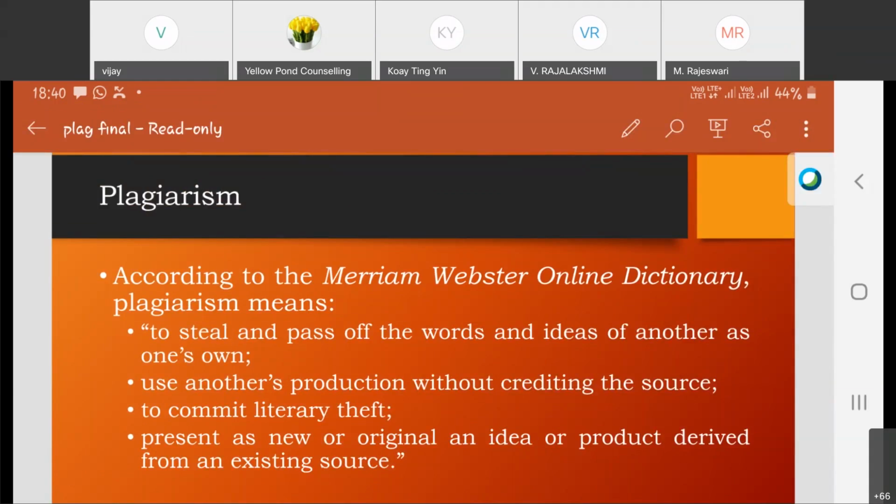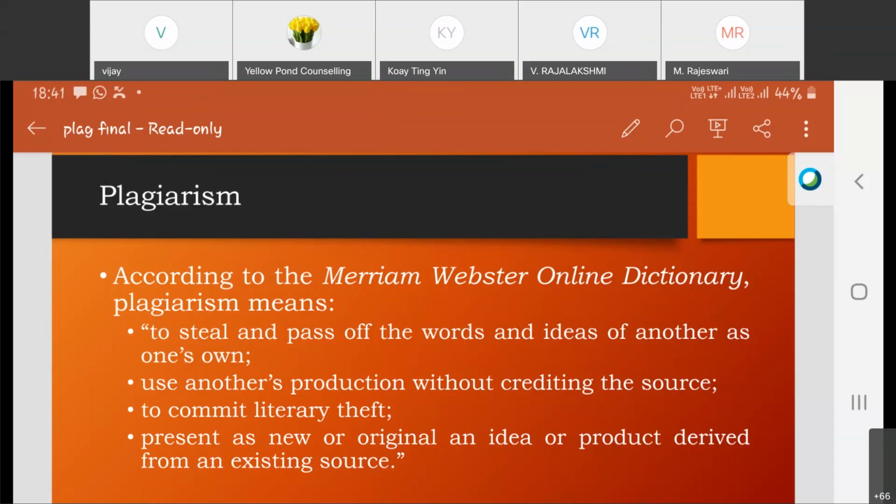When we are using some other content or idea, whatever it is, we have to give acknowledgement to the original author. Without providing an acknowledgement, it leads to plagiarism. It is also considered a serious academic and intellectual offense.